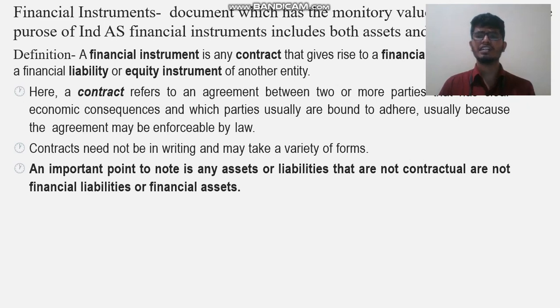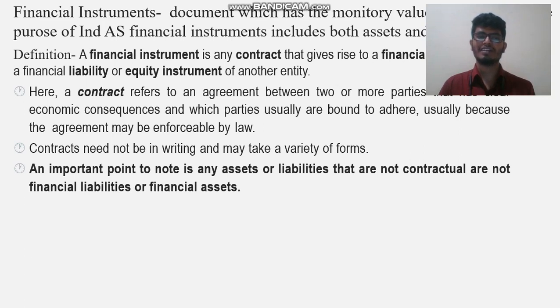Here, a contract refers to an agreement between two or more parties that has clear economic consequences. Very important, clear economic consequences. The contract should be mentioned in money or in amount, and the parties usually are bound to adhere. So there are no chances of default, it is assumed, because these agreements are enforceable by law. There is a law for these particular contracts.